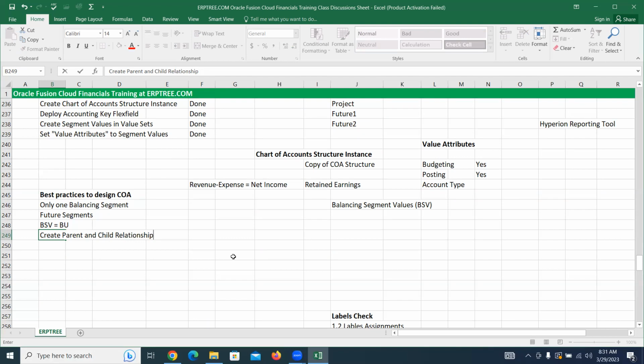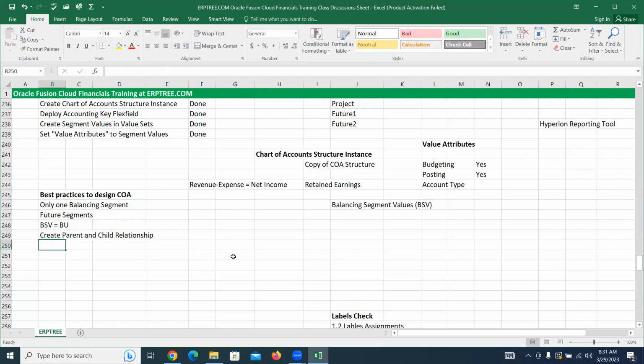You will understand this in one separate session on rapid implementation. There I'll take you through it at a very detailed level to understand how the relations will work, how it will support. For now, just make a note. So we have to create a parent and child relationship for all the segment values. It could be companies or departments or accounts. We have to create the parent and child relationship.